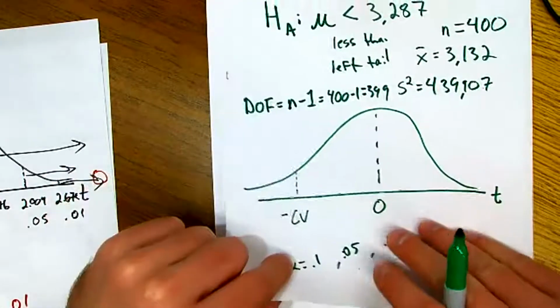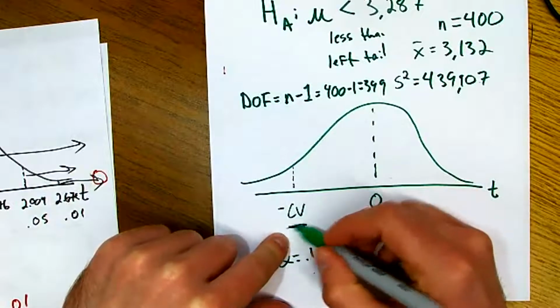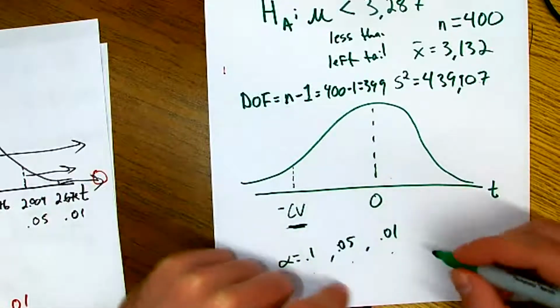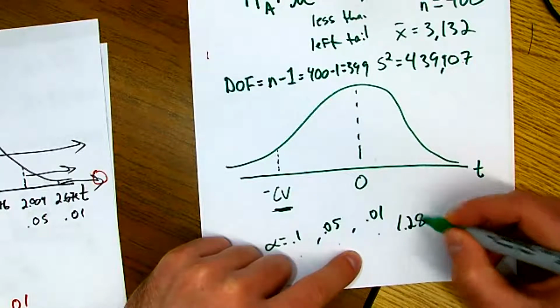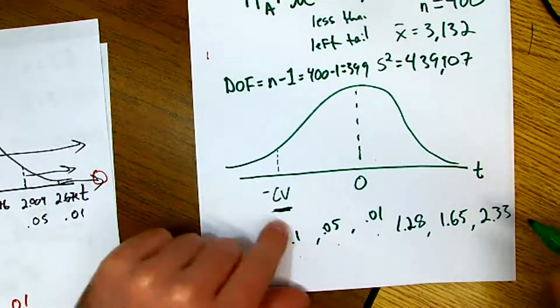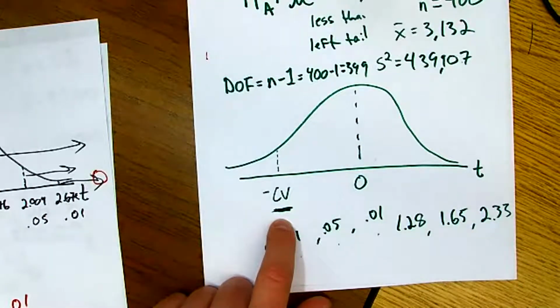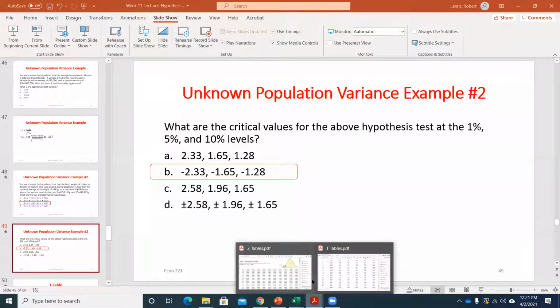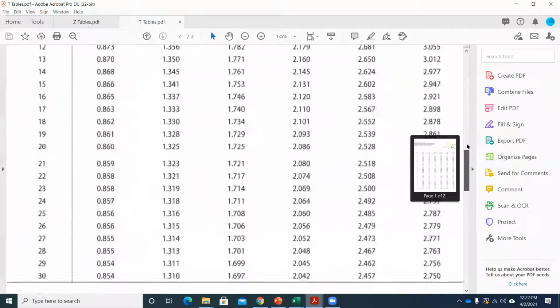The other thing we need to point out here is that I just said the critical values were 1.28, 1.65, and 2.33 if I look them up in that student t table. That's because the student t table only looks at the right side of the distribution, like the picture up here.